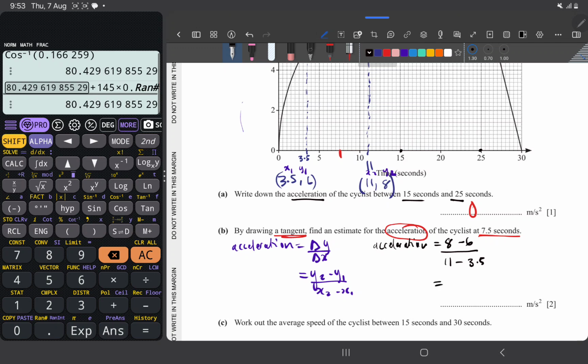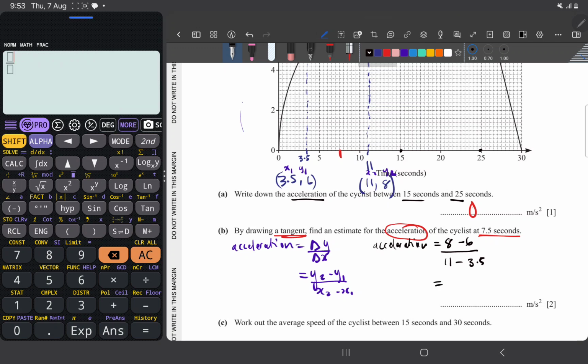This will give us the acceleration. Let's put it in our beautiful calculator because it can. So 8, make a fraction. 8 minus 6, we go down over 11 minus 3.5. It'll give you 4 over 15. So acceleration is 4 over 15 meters per second squared.